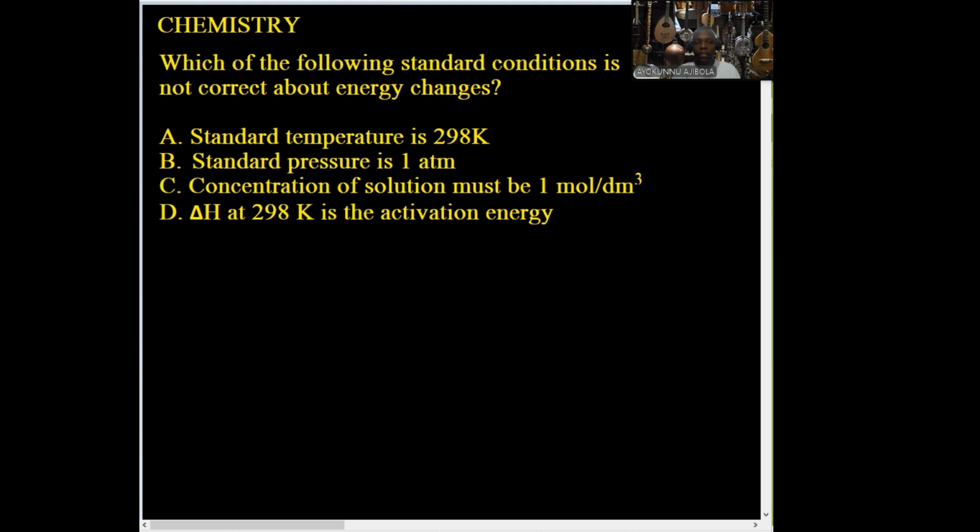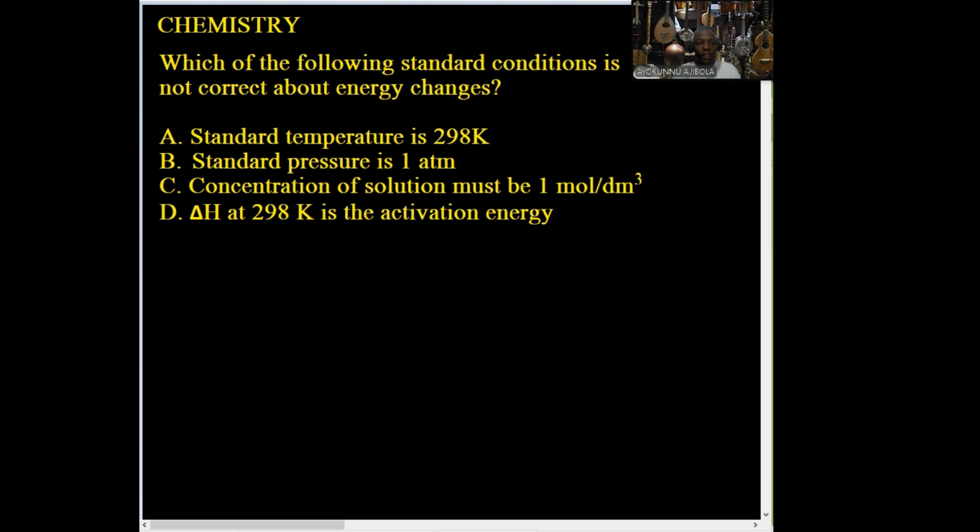When they mention STP, it is 0 degrees Celsius, which is 273 Kelvin. Take note, 273 Kelvin is standard temperature, and standard pressure is 1 atm. On the other hand, if we value delta G, which is between delta G and delta H, energy changes.